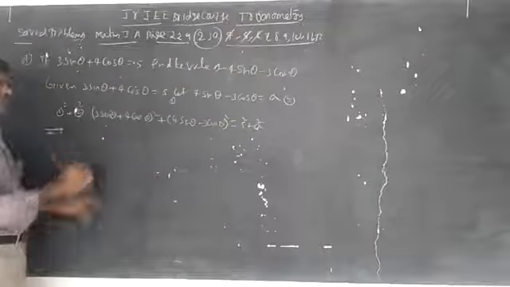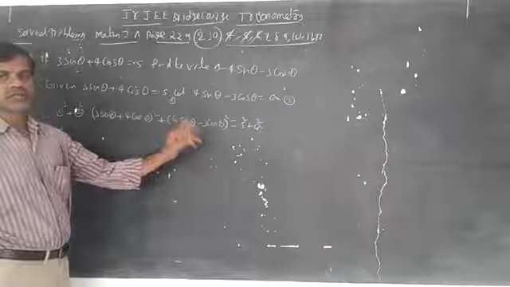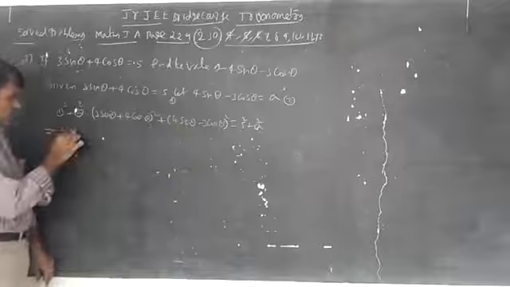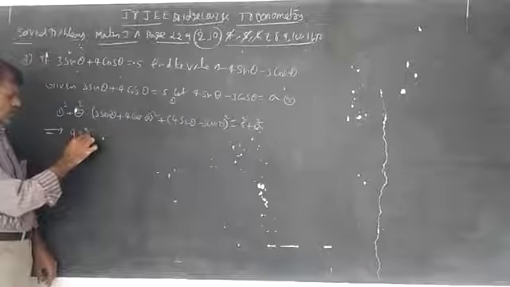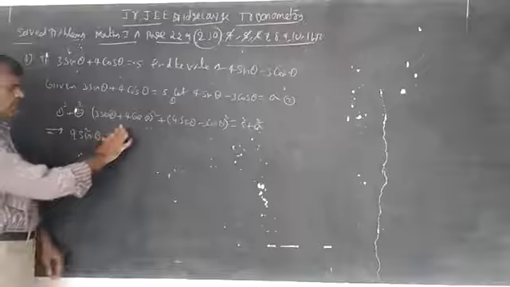Now this is of the formula a plus b whole square. This is the formula a minus b whole square. You can understand the formula a square minus 2ab plus b square.